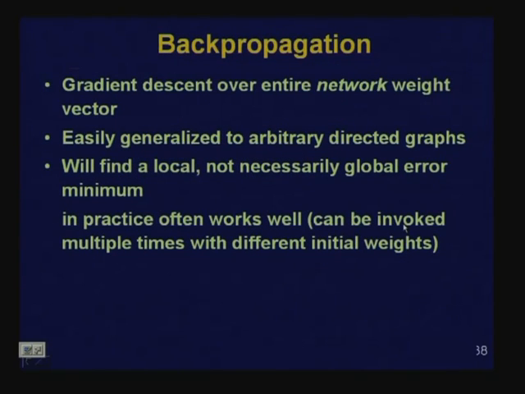So, in back propagation, we do gradient descent over the entire network weight vector, and this back propagation can work not only for a neural network with one hidden layer, but for a neural network with any number of hidden layers.